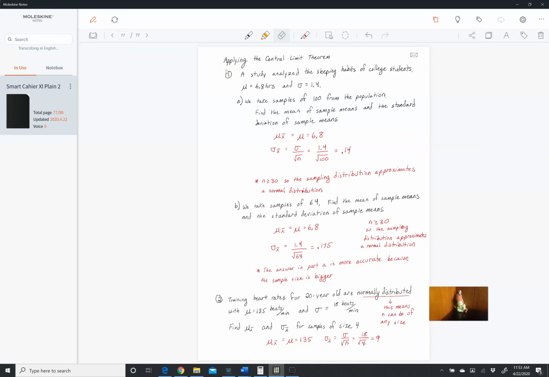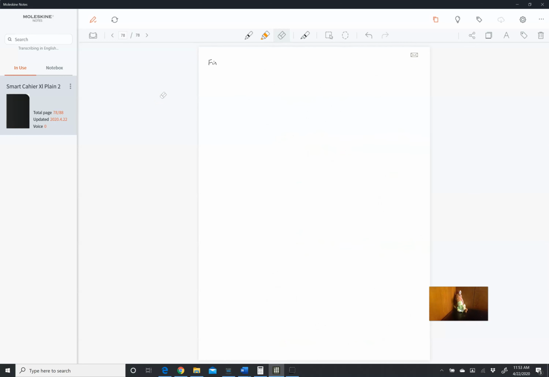Okay, so let's move on. Let's talk about probabilities. And again, we've done this so often that this is a repeat. It's very, very repetitive of what we've already done. So finding probabilities with the central limit theorem.